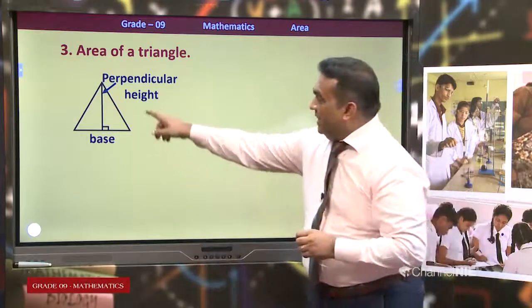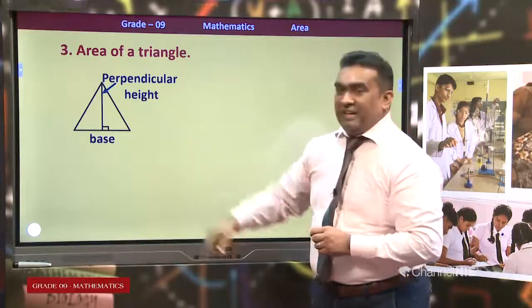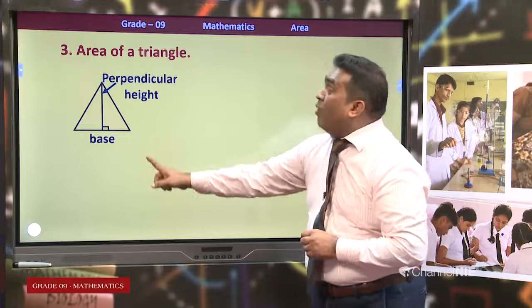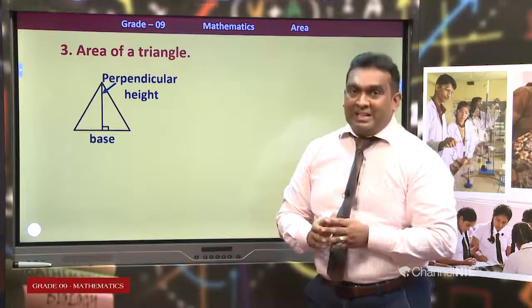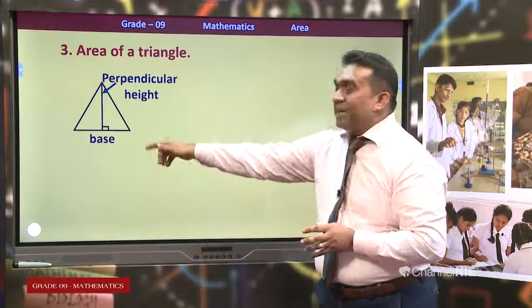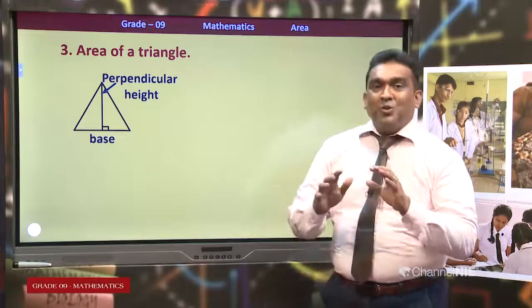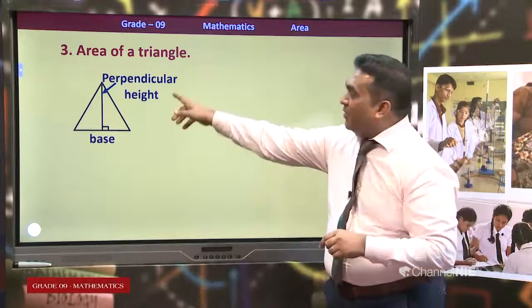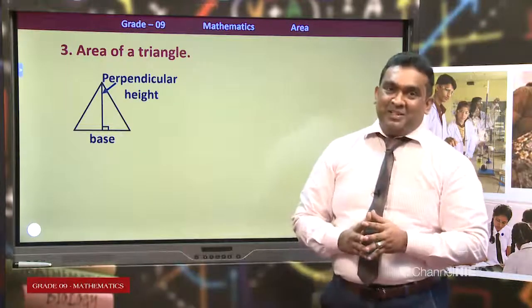Then perpendicular height. The perpendicular line drawn from the opposite vertex to the base is called perpendicular height. There are 2 measurements here. First one, base. Second one, perpendicular height.